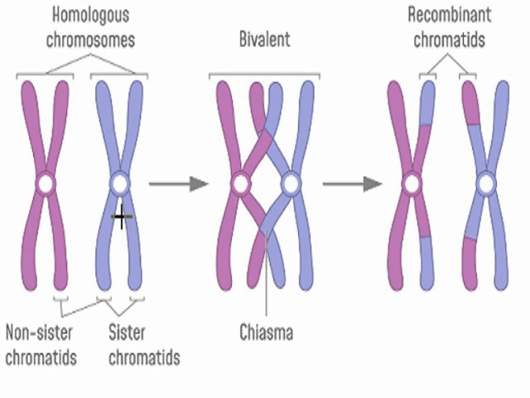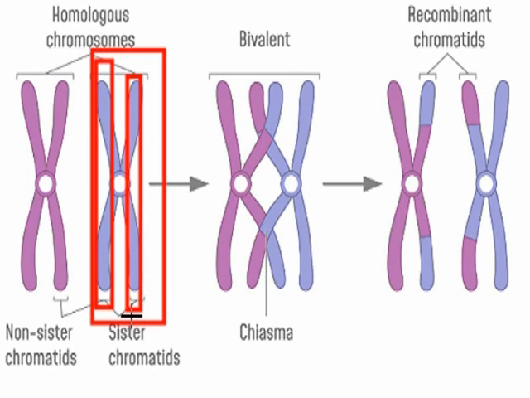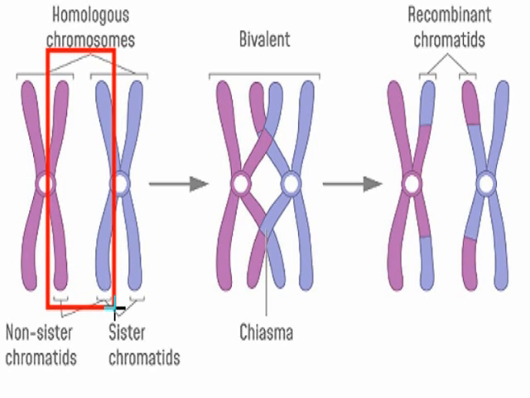Here, this is a sister chromatid and this is a sister chromatid. They are present in a homologous chromosome pair. And what are non-sister chromatids? These two are non-sister chromatids and they are present in non-homologous pairs, which means they are not similar to each other, they are not related to each other.